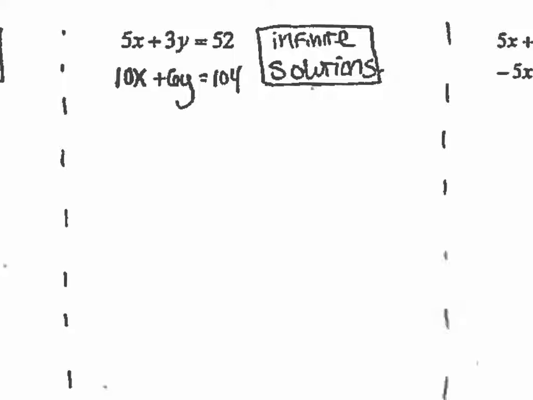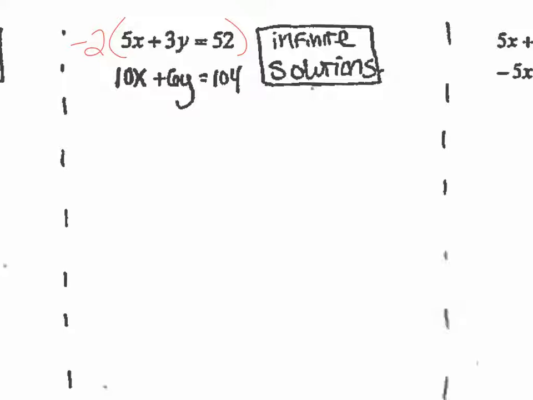So if I need to eliminate x, I want to know, what value do 10 and 5 both go into? Well, they both go into 10, so in order to make my top row say 10x, I have to multiply by 2, and I'm going to also multiply by a negative 2, because that will make it the opposite sign but the same value.